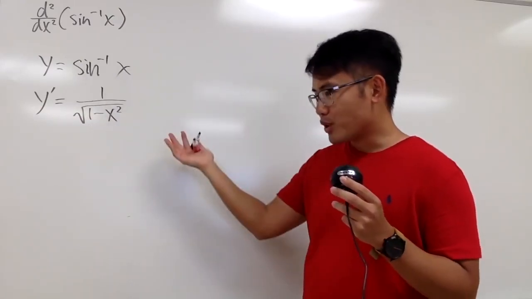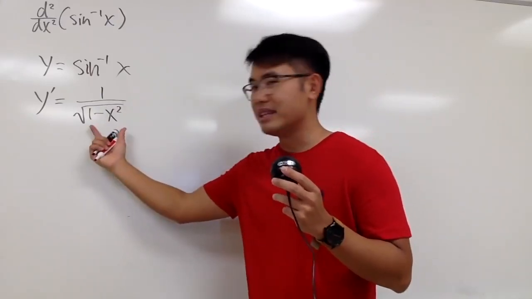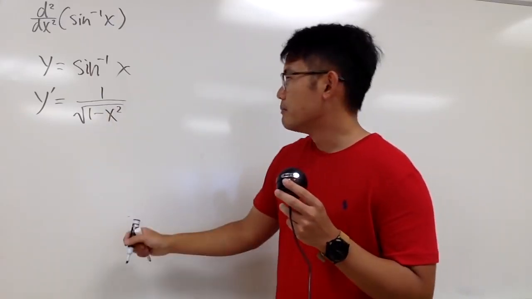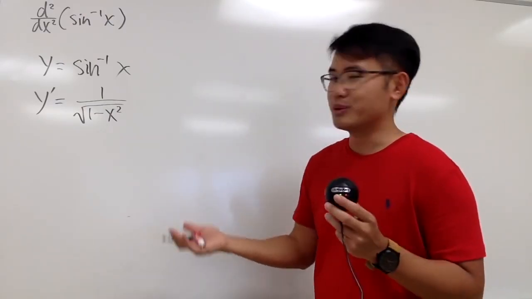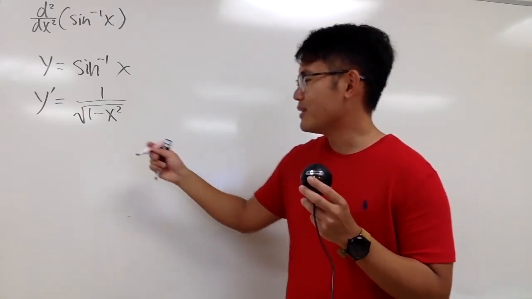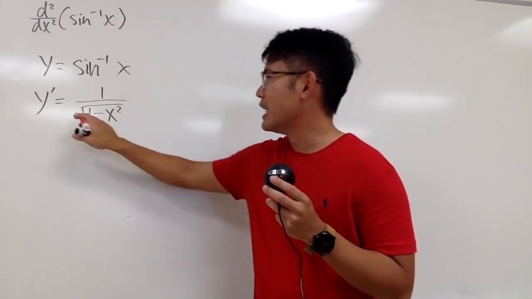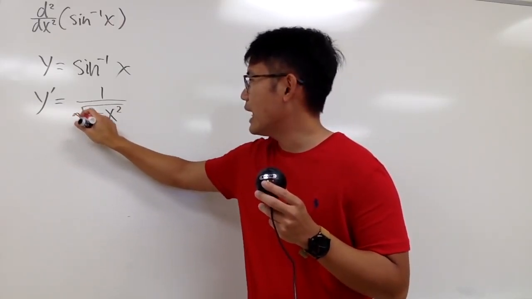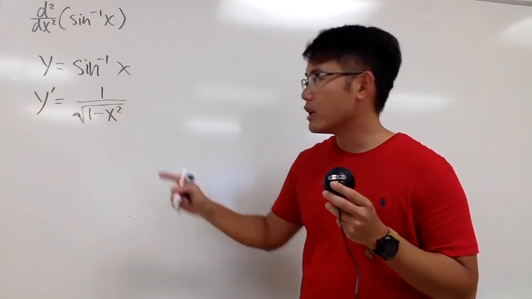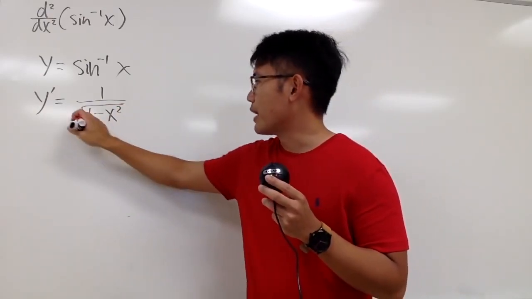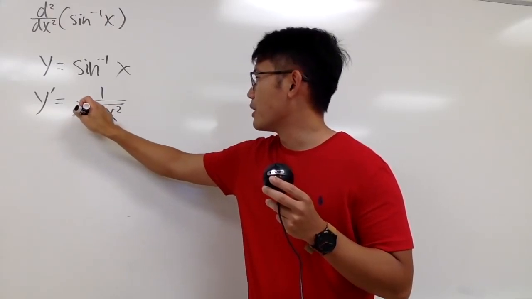And for the second derivative, we just have to look at this and differentiate again. But if you look at this as how it is, you will have to use the quotient rule. But it's okay. We can change the form a little bit because I noticed we have a square root. And almost always in calculus, whenever you have the square root or any radical, you should look at that as a power.